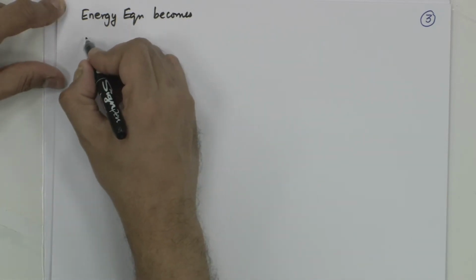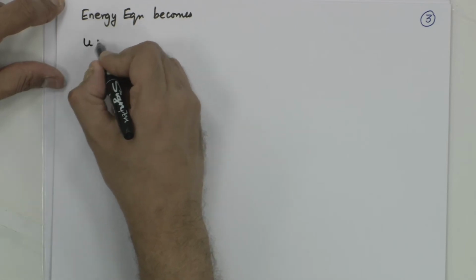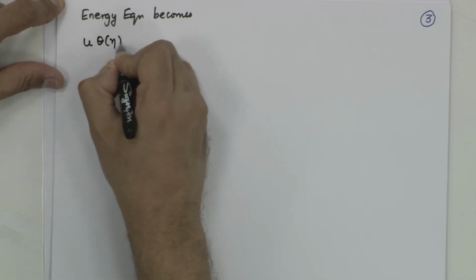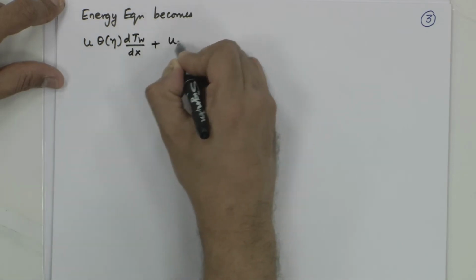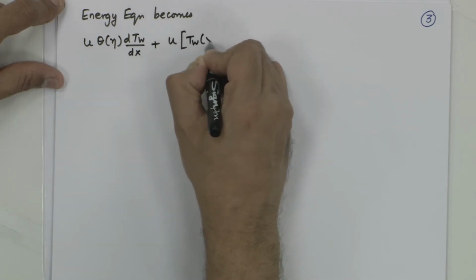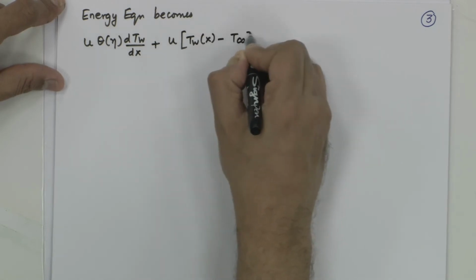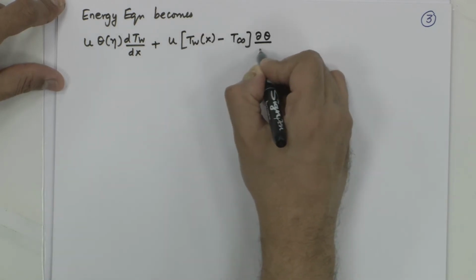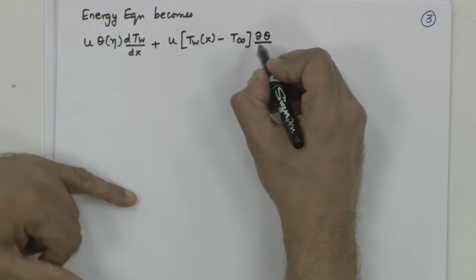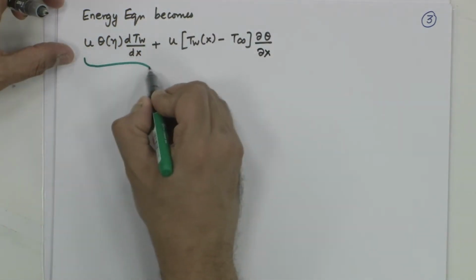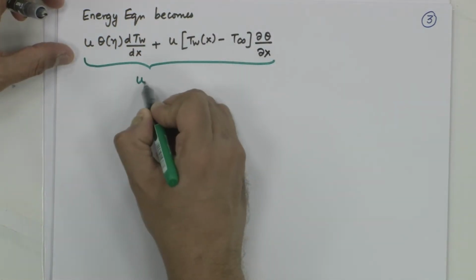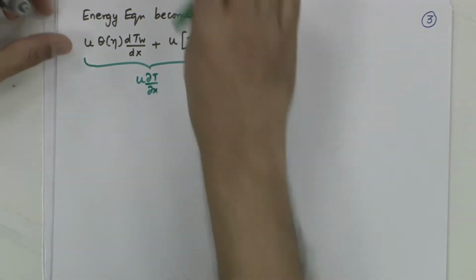u times dT/dx. So, u theta eta dTw/dx plus u (Tw of x minus T infinity) d theta/dx. This is your first term. This is my u dT/dx.